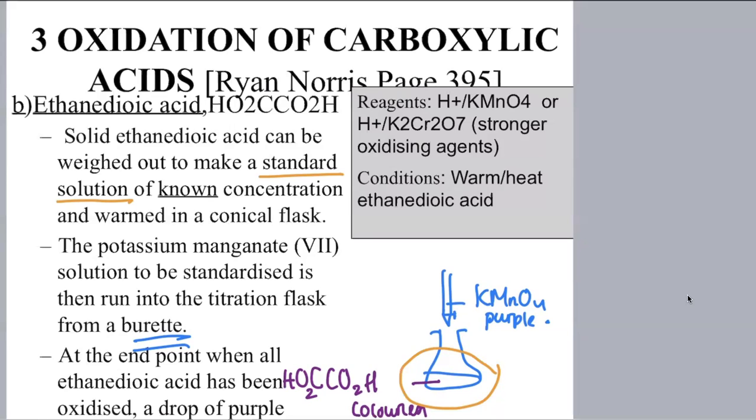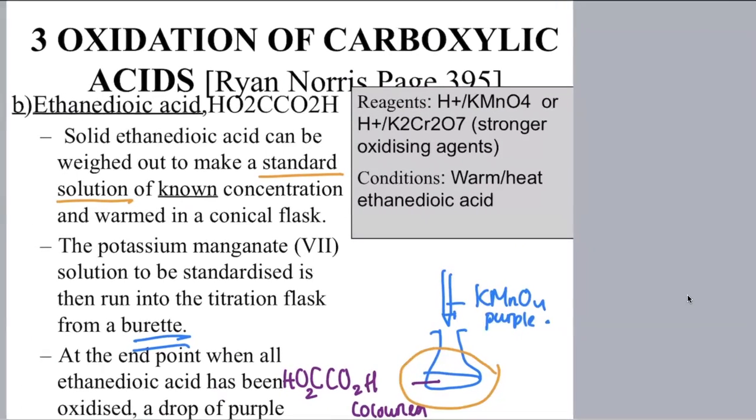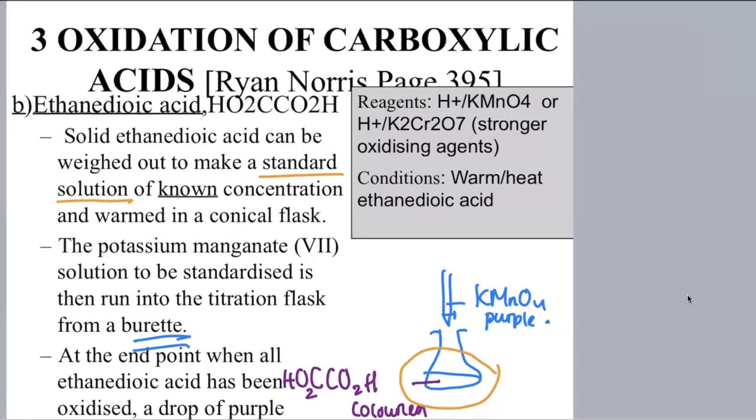So I think the statement here is that at the end point, when all the ethandioic acid has been oxidized, a drop of purple manganate solution turns the solution pink. So the moment you see pink in your conical flask, you stop. Do not wait for it to go to purple, because I know potassium manganate is purple, but when you do a titration, you don't want it to go in excess.